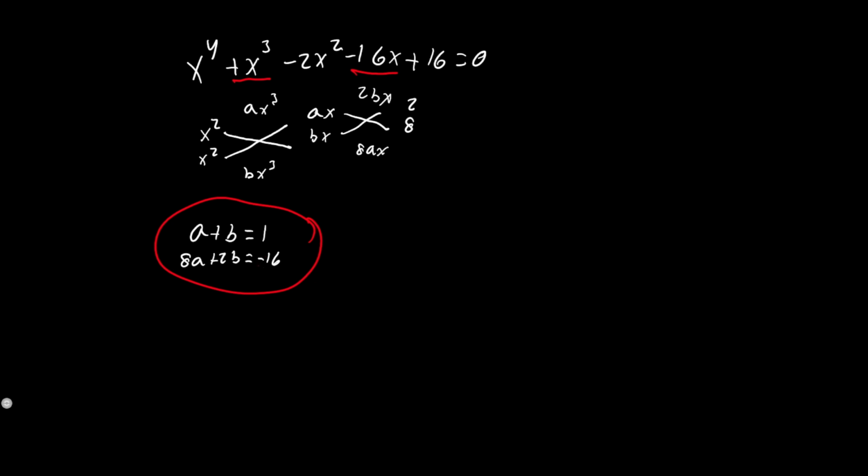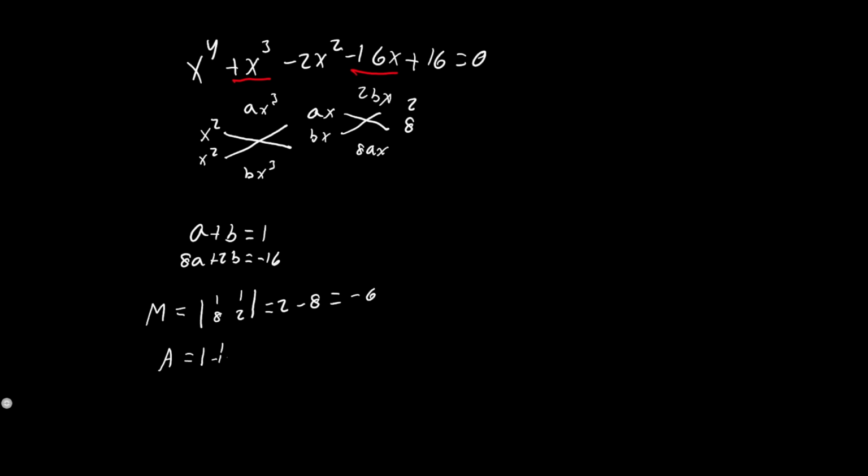And here it's not so easy for us to guess and check, so we can go ahead and use Cramer's rule again. So here we are going to have our matrix determinant of 1, 1, 8, 2, which is going to give us 2 minus 8, which gives us negative 6. So now our answer column is 1 and negative 16, and we're just going to find A and B now.